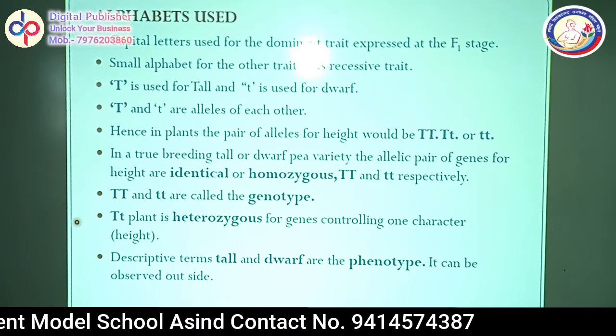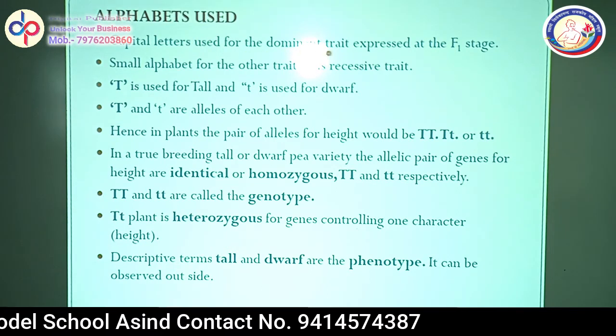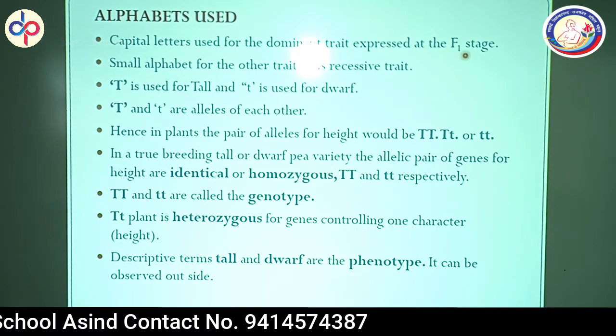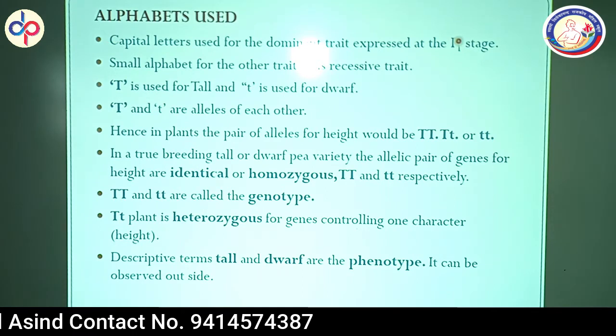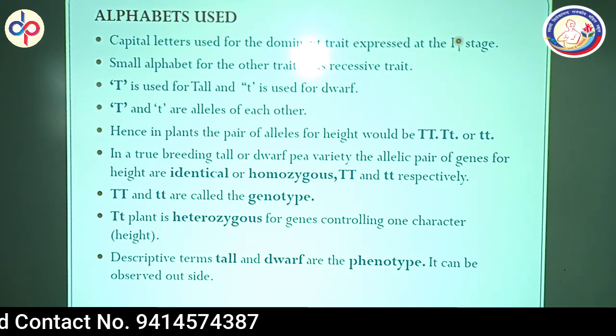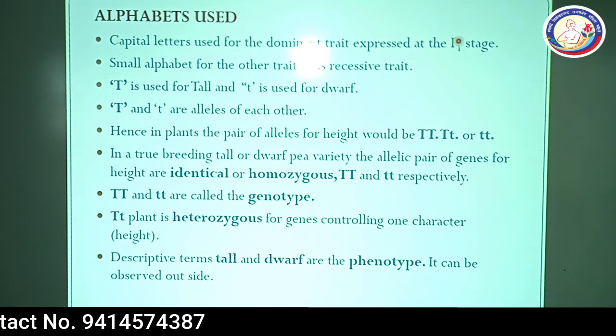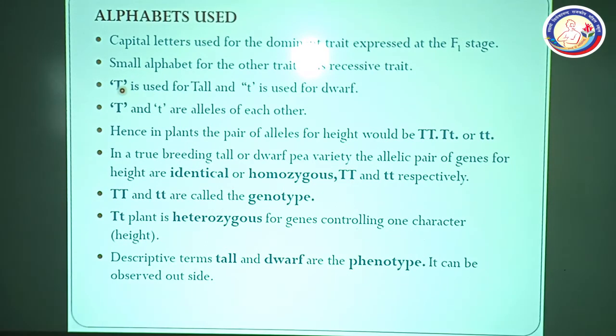Regarding the alphabets used here, you can see capital letters are used for the dominant trait expressed at the F1 stage. So we will use an alphabetical representation of the plant, in which suppose there is a tall plant, which is a dominant character, it is shown by capital T, and if the plant is dwarf, or you can say recessive character, it is shown by small t. Capital T and small t are the alleles of each other.